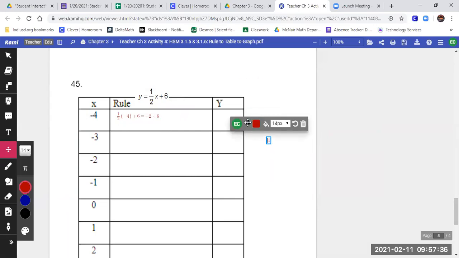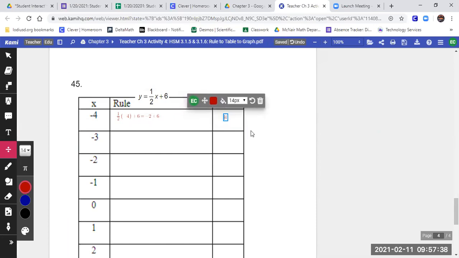Okay. Next one. Someone tell me what I'm going to put in before the equal sign. What's the first thing I'm going to write? The half, yeah.